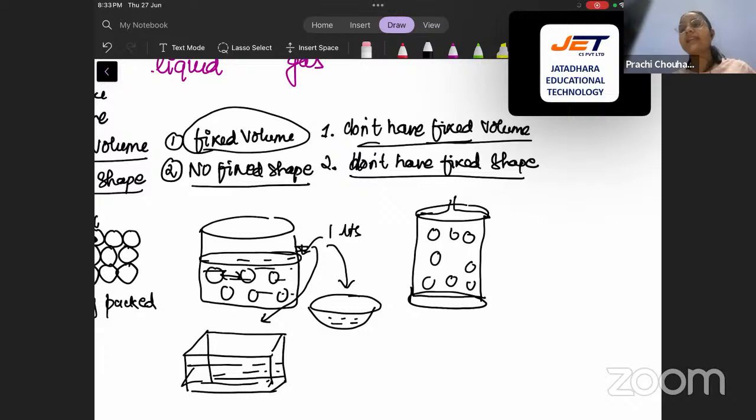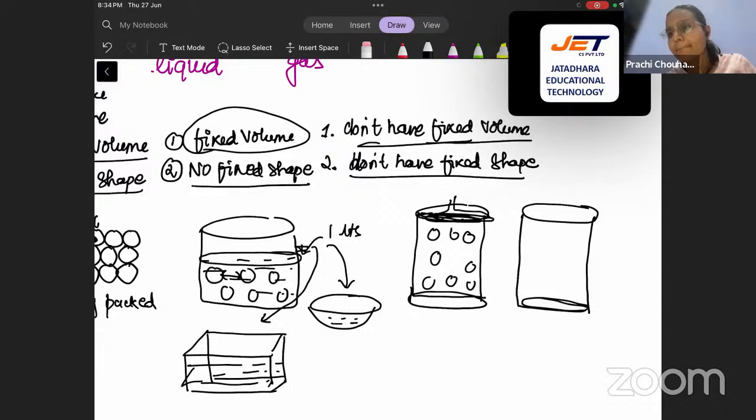Now, what I did is I compressed this gas. Suppose this is a piston, and I can press it. Now what will happen? Let's suppose the volume of this cylinder was 1 liter. Now I have pressed this gas and the piston comes here. So what will happen here? The molecules, which were far away from each other, will come close to each other.